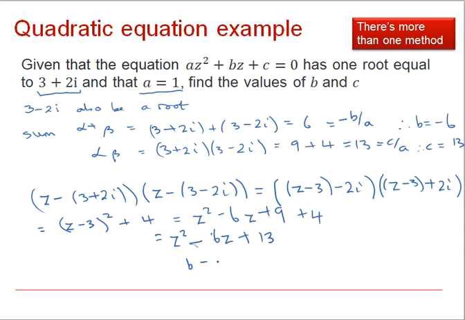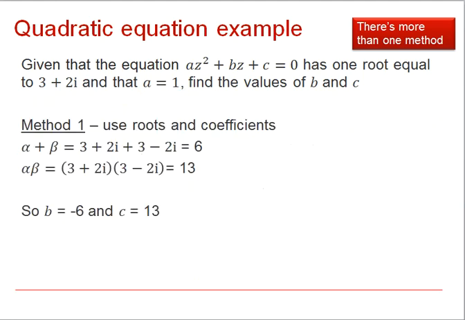Again, that gives me exactly the same result. b equals minus 6 and c equals 13. So here we have a slide using, just to remind you, the method 1.